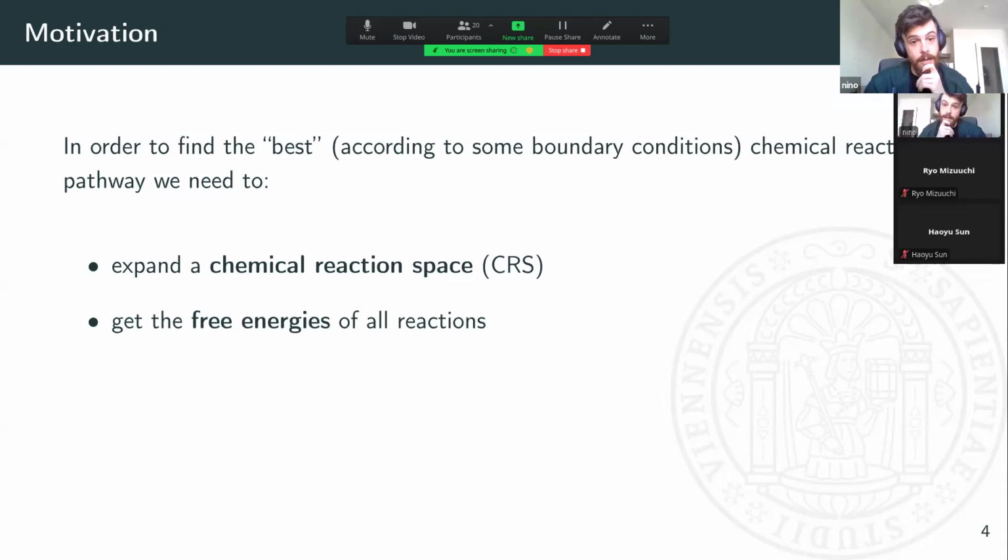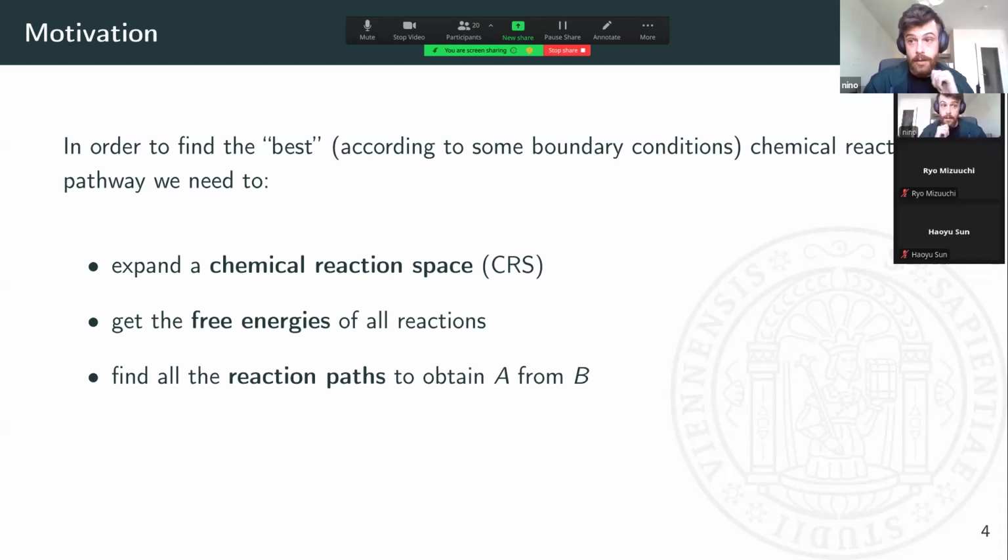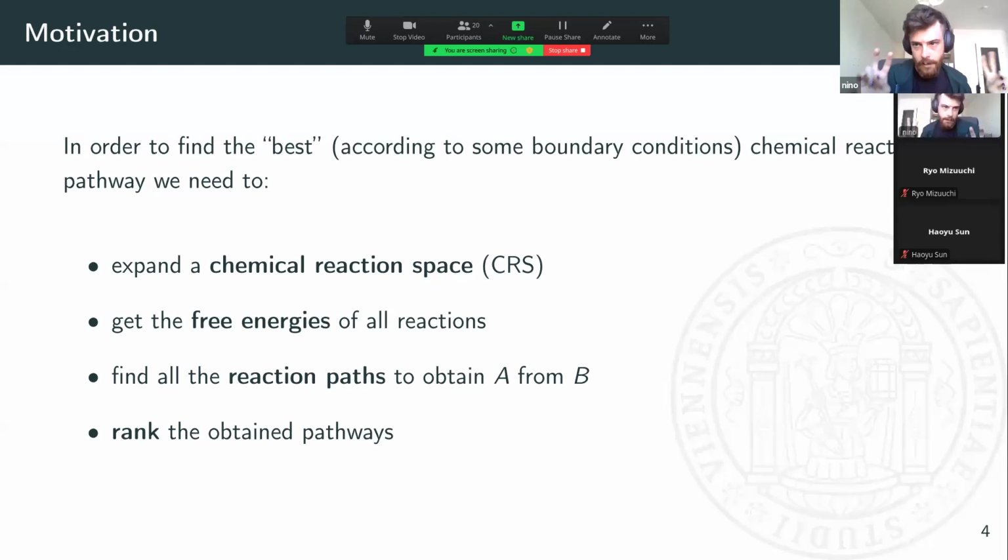A method of finding all the free energies of the reactions. A way of finding all the viable pathways that lead from your given set of educts to your set of products. And then finally, again, a way to rank all these pathways, such that you have a possibility to find the most efficient or best pathway given your boundary conditions again. And yes.